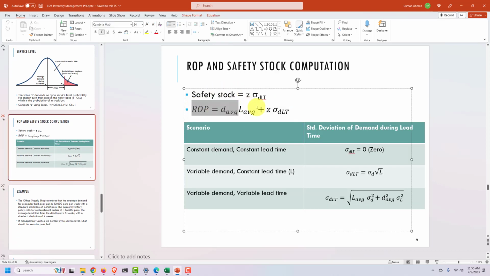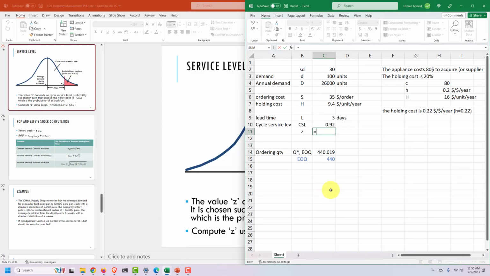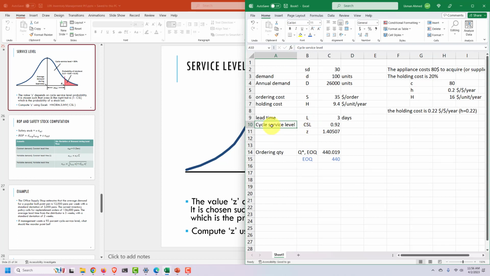And I give you the reorder point formula right here, which includes the Z. Use this formula in Excel, NORM.S.INV, of the cycle service level, and it gives us the Z score. You can represent the cycle service level as a probability, which is the CSL, or as a Z score, which is this number. They're both representations of the cycle service level.